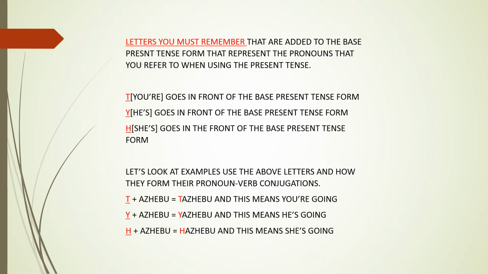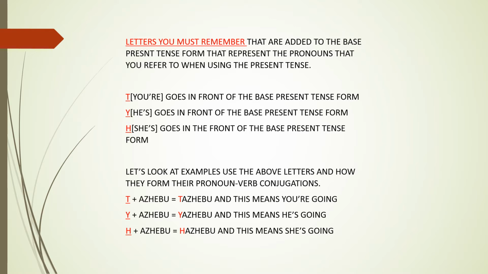The next letter you'll see in red is H, and the H goes in front of the base present tense form, and this lets you know that the speaker is talking about she or she is doing that specific act. So we have T for you are or you're, Y for he is or he's, and H, which is she is or she's doing whatever act.